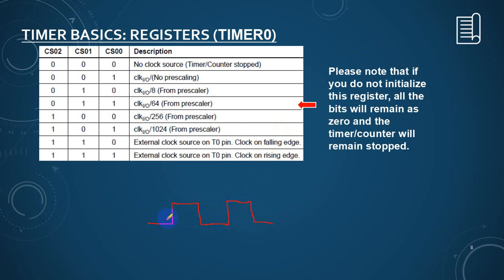This is the rising edge of the clock, so you count when the clock is rising from 0 to 1. And what is the falling edge? This is the falling edge, so you count when the clock goes from high to low.